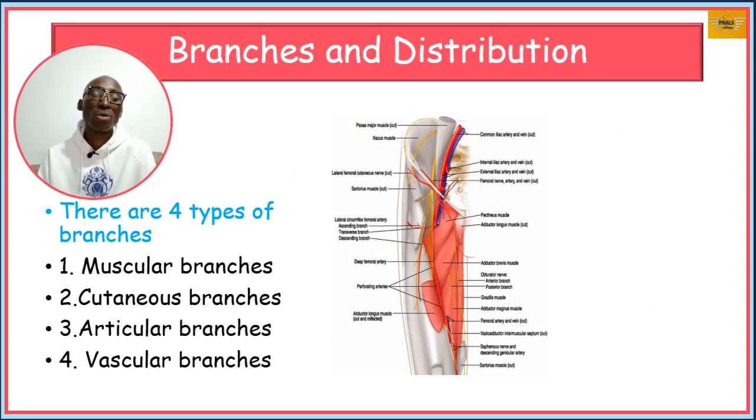We have 4 types of branches coming from those branches of the femoral nerve. We have those supplying the muscles, which we call the muscular branches. We have those going to the skin, which we call cutaneous branches. We have the branches going to the joints, which we call articular branches, and then we have the ones we call the vascular branches.